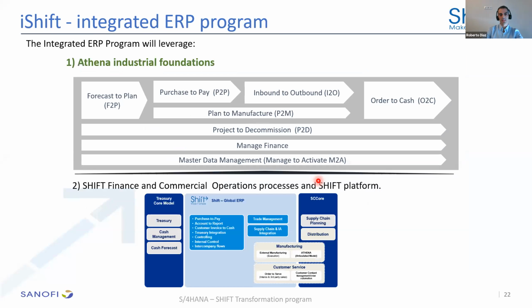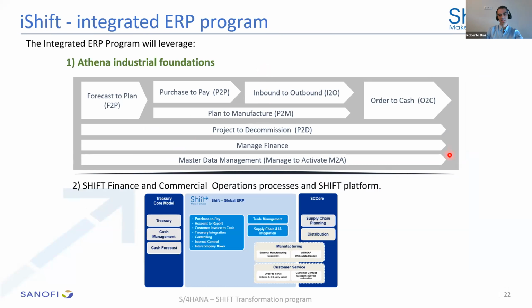So we are extending the SHIFT. So this is the iShift program, Integrated ERP, which is going to enhance or bring new industrial processes. You see them here. And also then to leverage the SHIFT finance and commercial operations and the SHIFT platform.